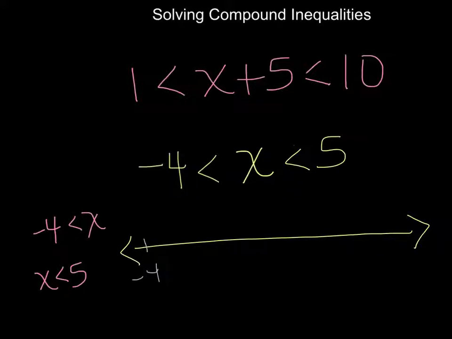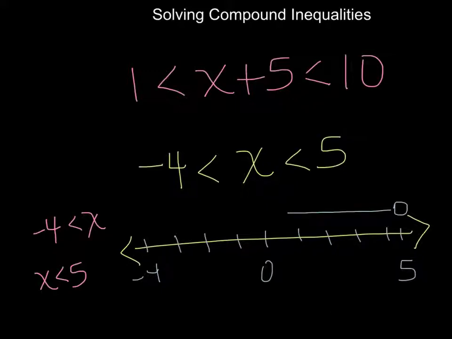negative 4, negative 3, negative 2, negative 1, here's 0, 1, 2, 3, 4, 5. Again, inequality sign, open circle at 5, but x is less than 5, so our arrow is going to the left.